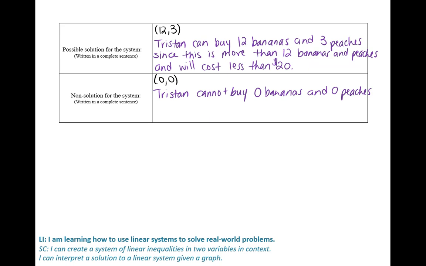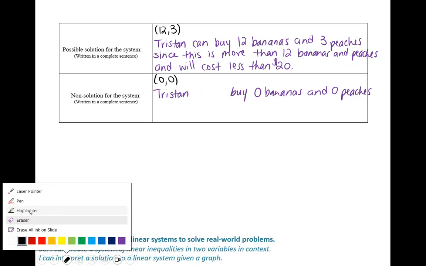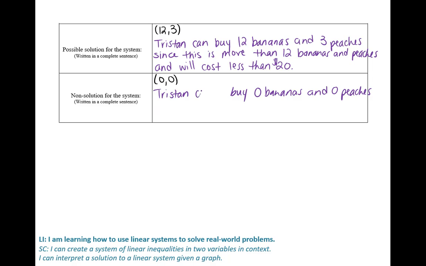So he cannot buy the 0, and then you have your choice. You could say because he's not spending, I mean, he is spending less than 20, so that's not the problem. It's because he's not buying enough fruit. So actually, we don't have a choice. We have to pick the one that this violates.